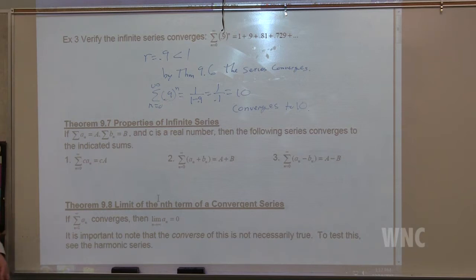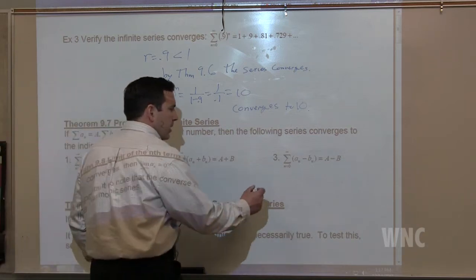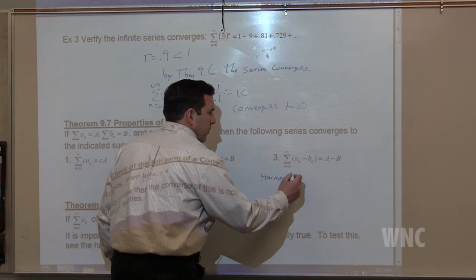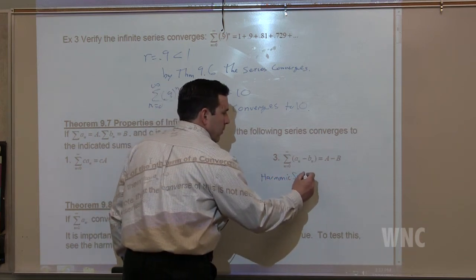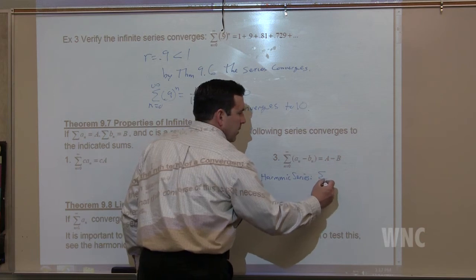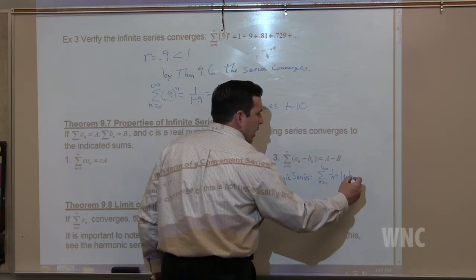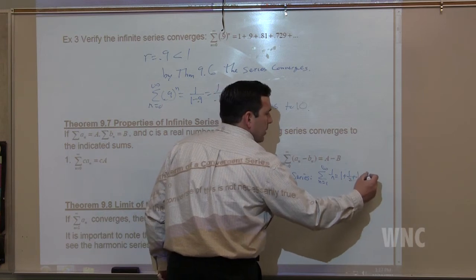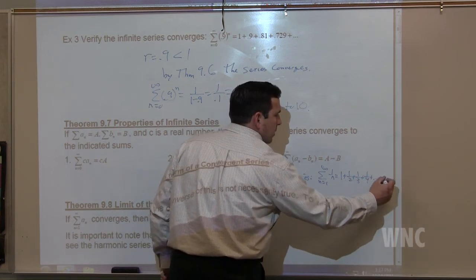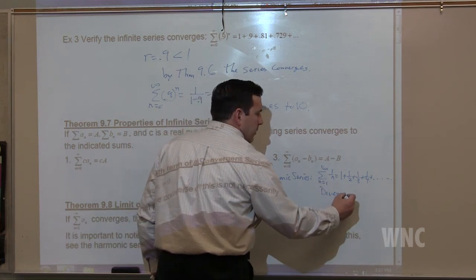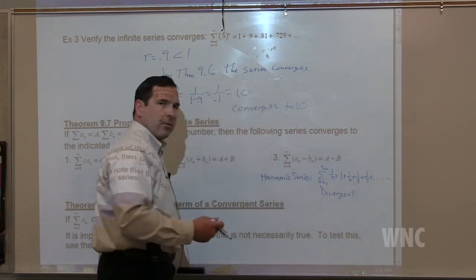To test this, see the harmonic series. The harmonic series says this. It's the sum as n goes from 1 to infinity of 1 over n. That's 1 plus 1/2 plus 1/3 plus 1/4 plus, this is divergent. It's a divergent series that diverges.